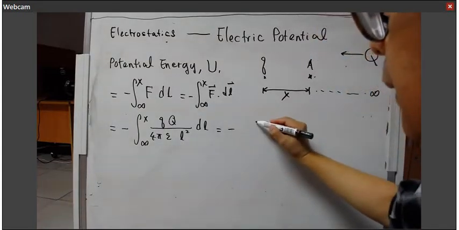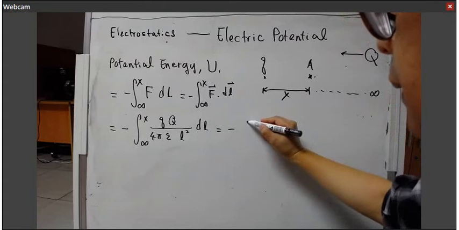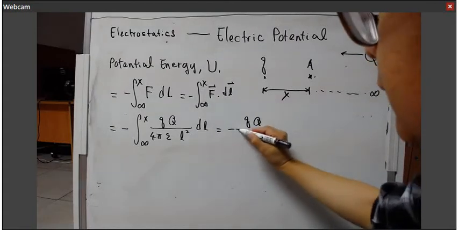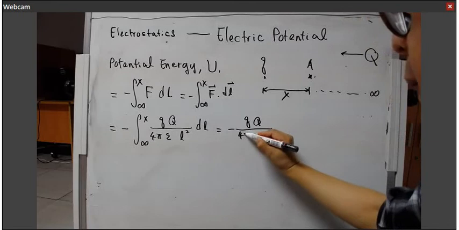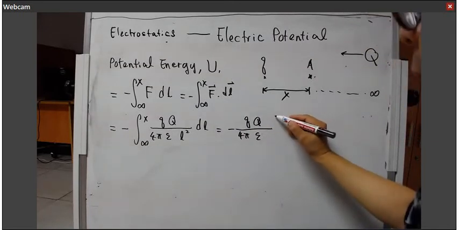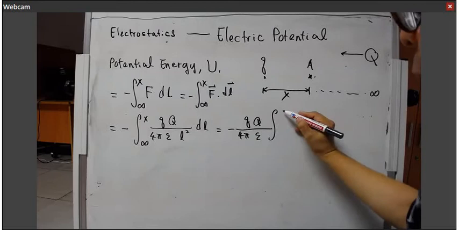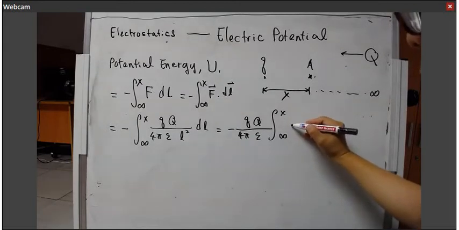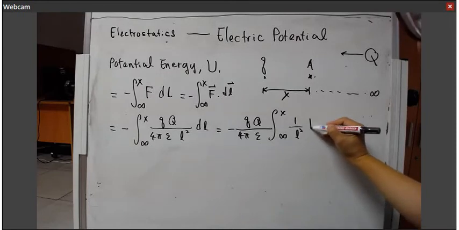Now let's work this out. Minus, we can bring all the constants outside the integral, leaving the integral of 1 over L squared dl.